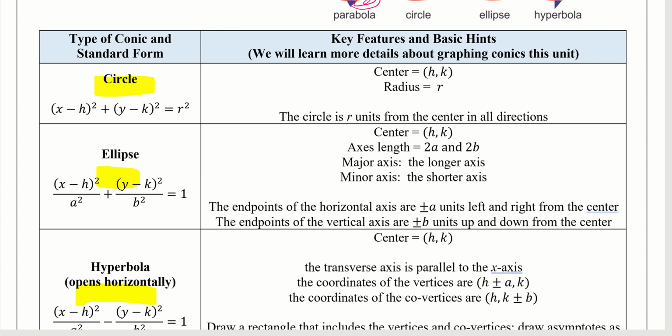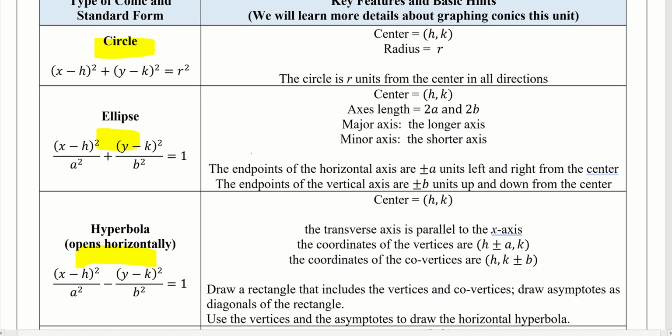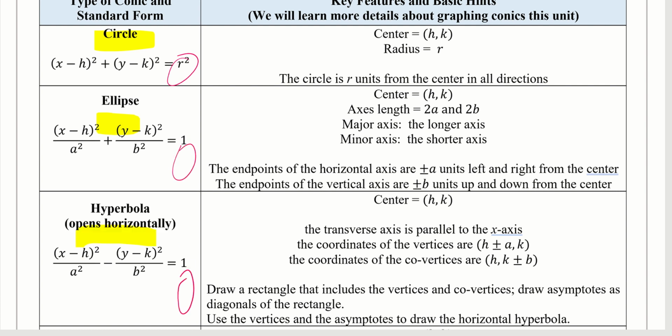One highlight that I want to bring your attention to is that the circle is equal to r squared, but the rest of them, and you'll see a little bit further down, the ellipse and the hyperbola, are equal to 1. So that's a big highlight that we want.